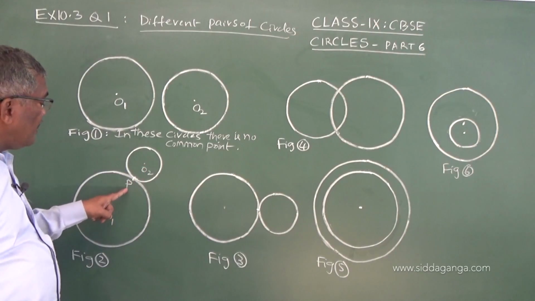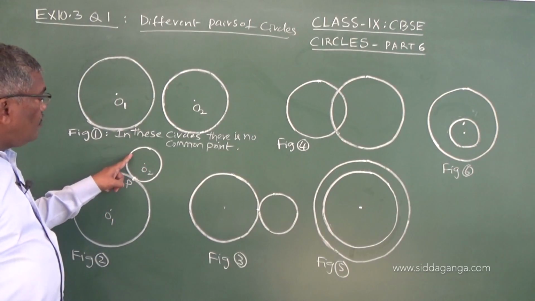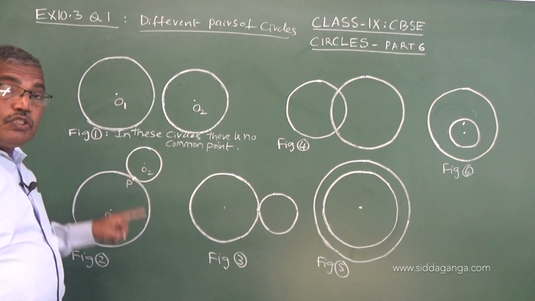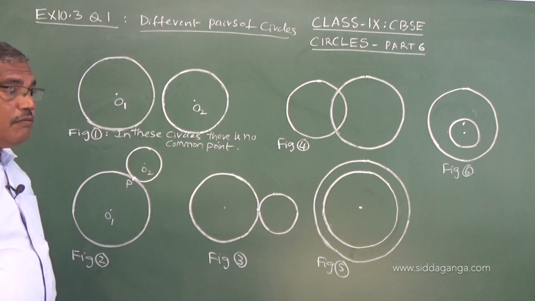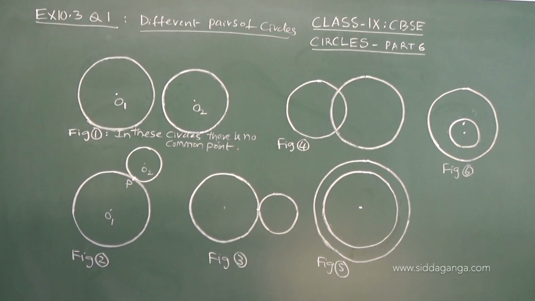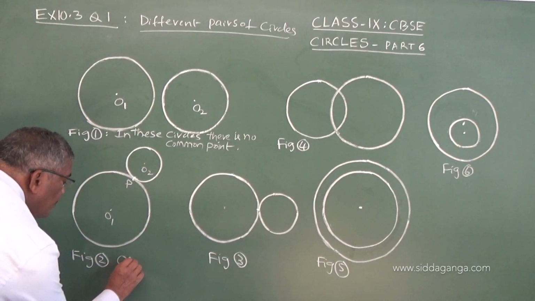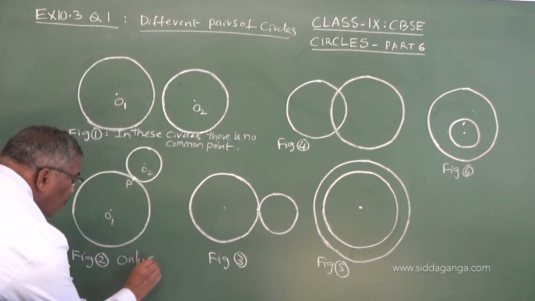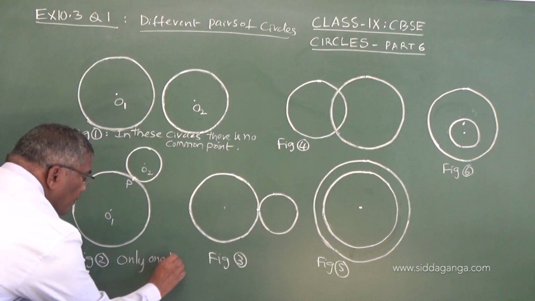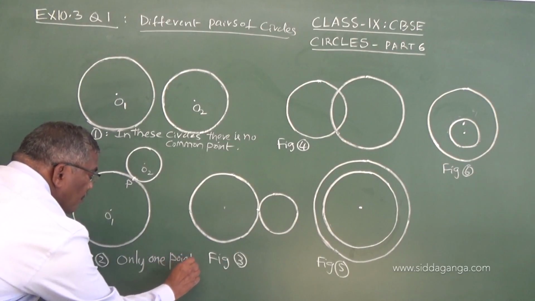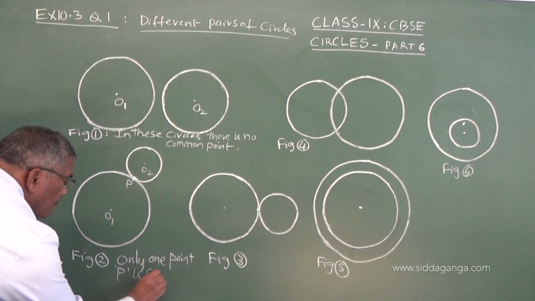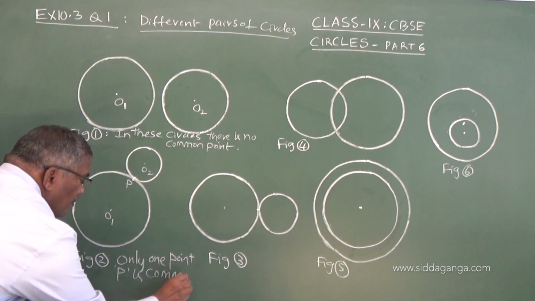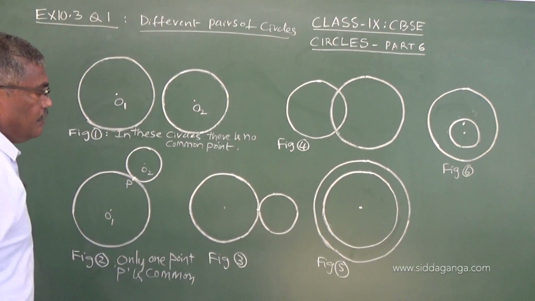So we say P is a common point between these two circles, or only one point is common. I will write: only one point P is common in both the circles.